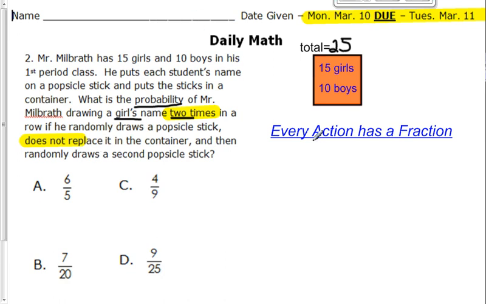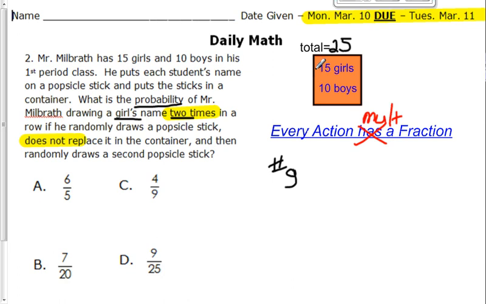Now we have to remember every action multiplies a fraction. So his first action, number 1, he wants to know what is the chance of him drawing a girl's name out.